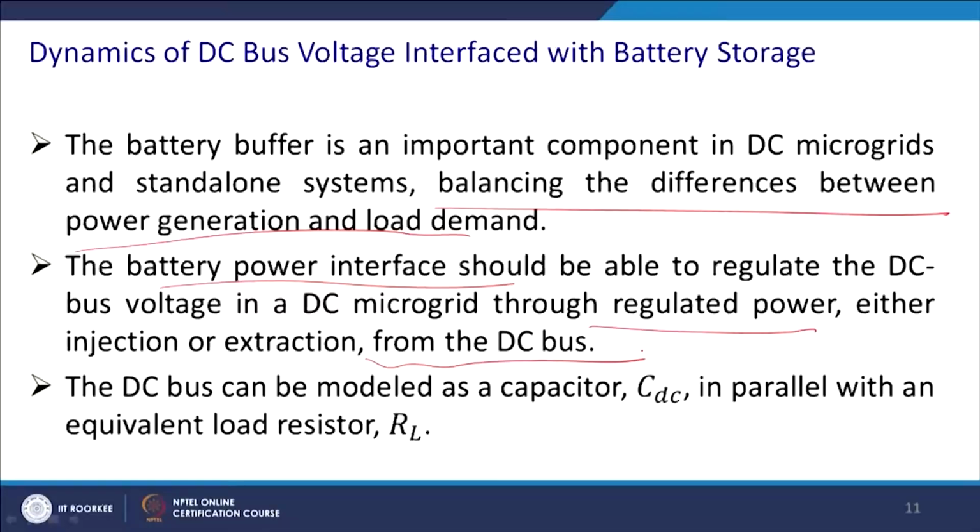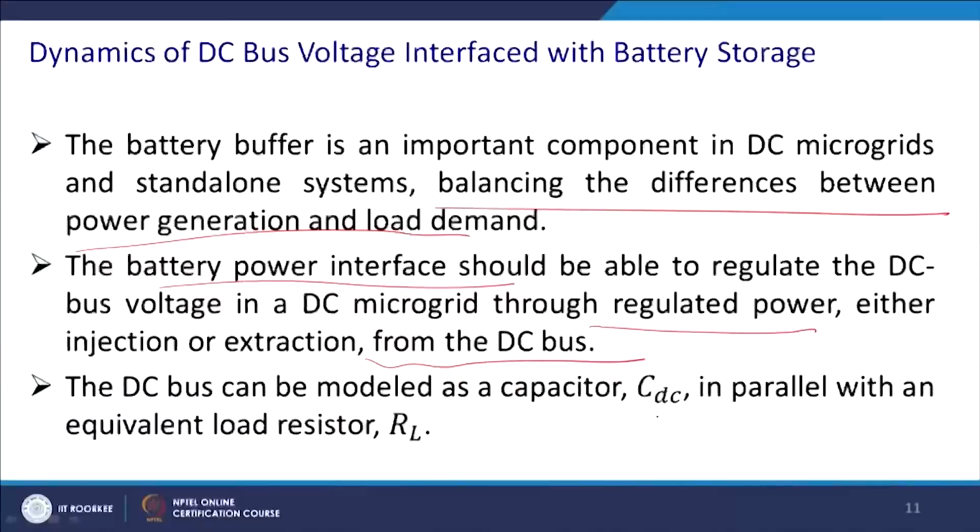So, once you have a mismatch between the power, that extra power should come from the battery. Once you have a surplus, that power should go back to the battery, over a period of time, and also the double frequency case.